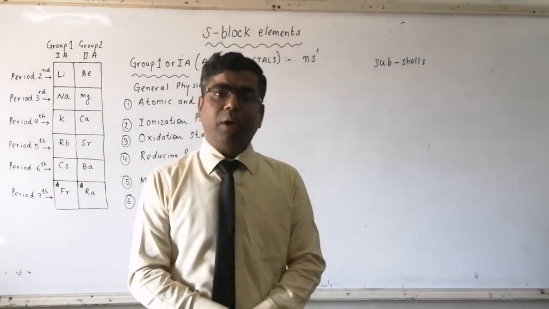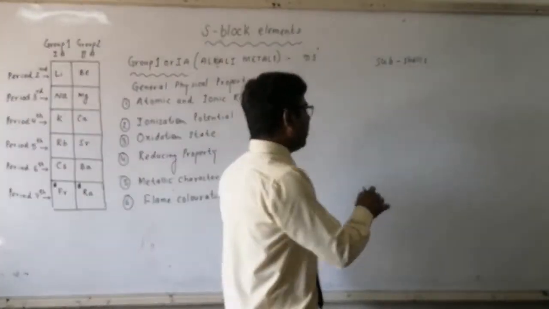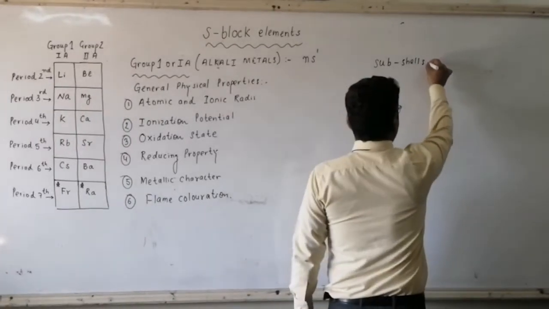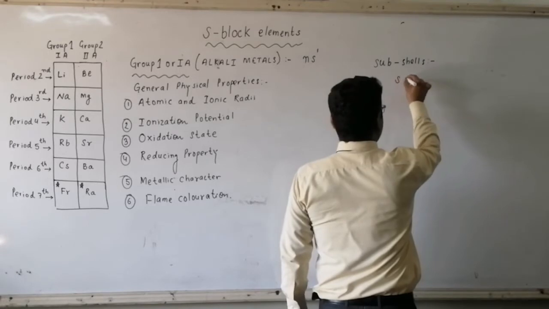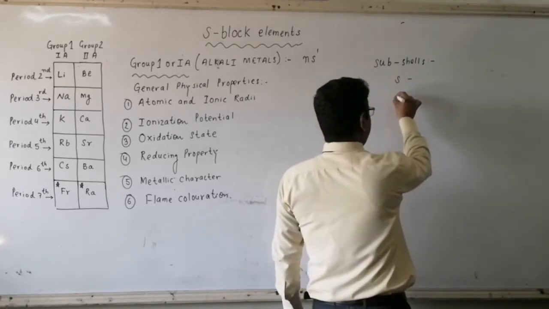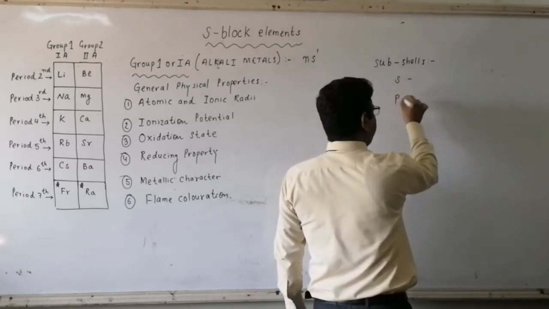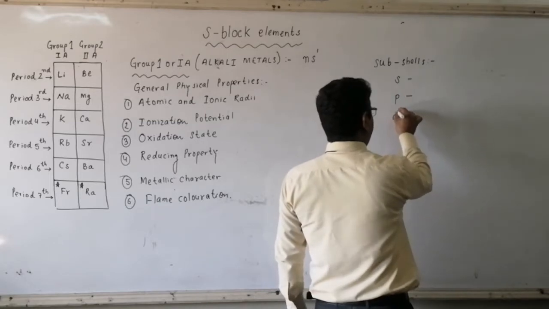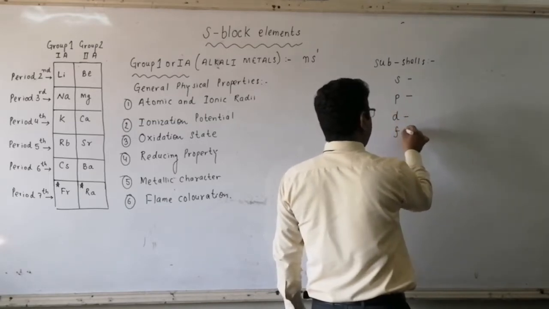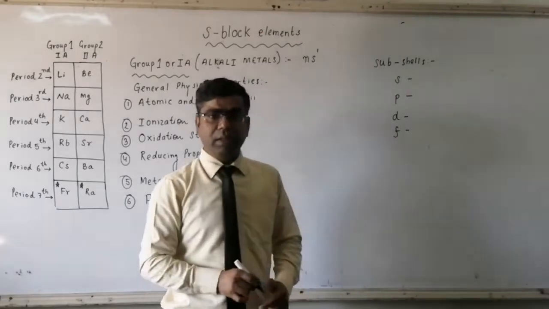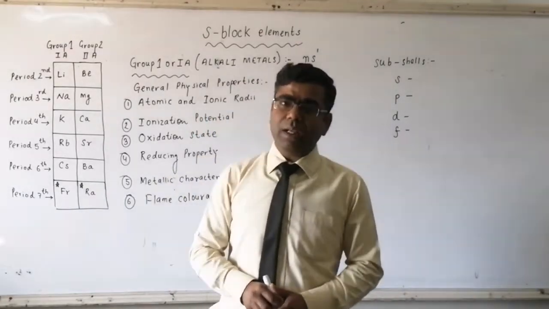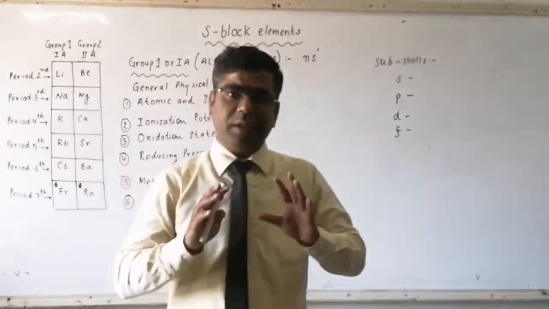The subshells are of four types: number one is called S subshell, number two is called P subshell, then we have D subshell, and at last we have F subshell.